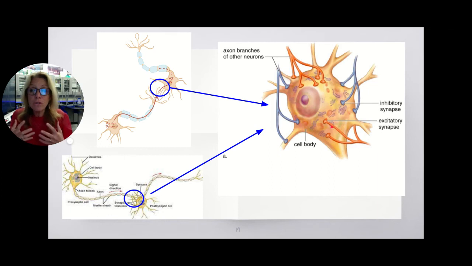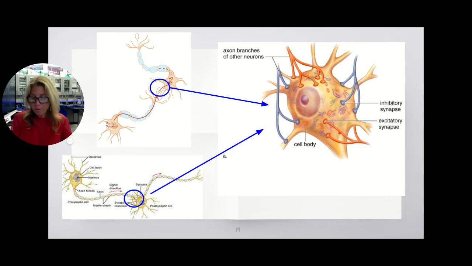So a single neuron could have 10,000 synapses on them, some being excitatory, some being inhibitory. So the excitatory one has got to win. And by the way, those closest to the axonal hillock, where the axon starts, they're a little more powerful than the ones farther away from the axon, and whether it's going to fire or not fire.